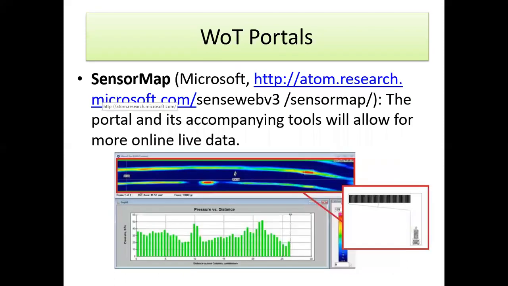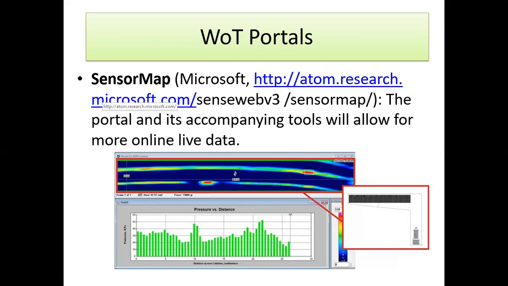Then the next one is SensorMap from Microsoft. SensorMap was a Microsoft project, where users can publish their live data collected by sensors or other smart devices.